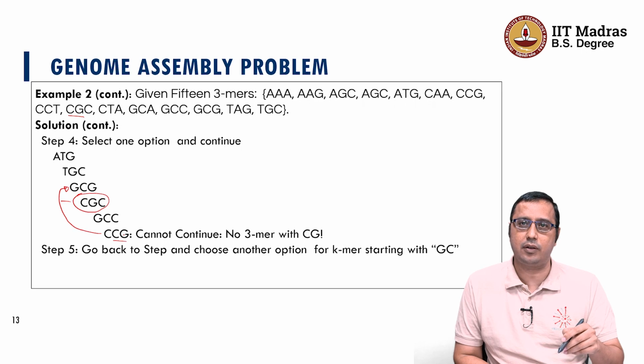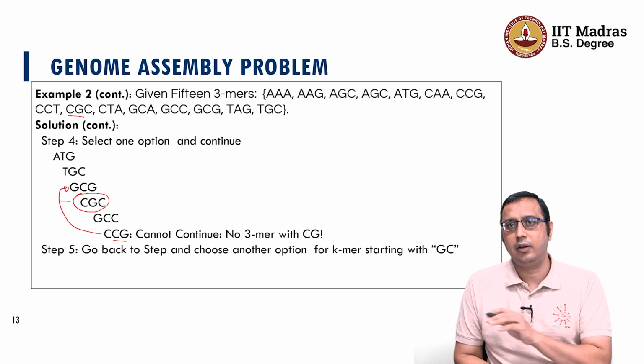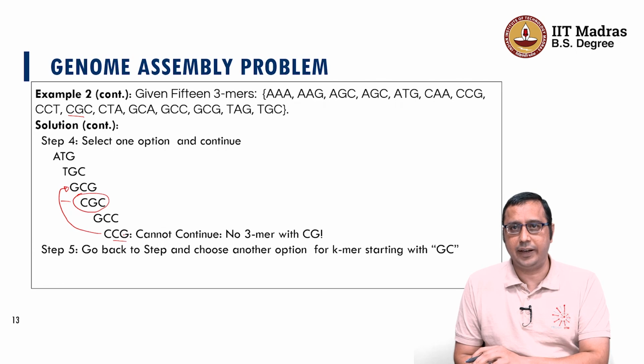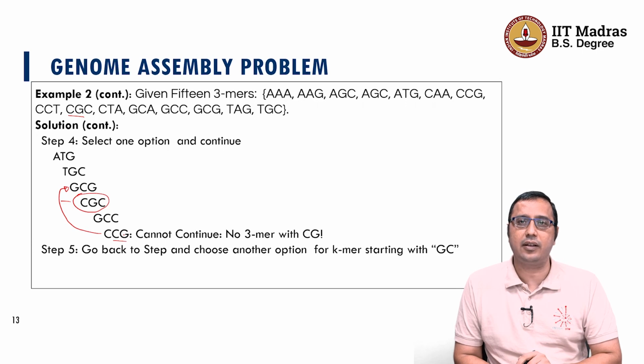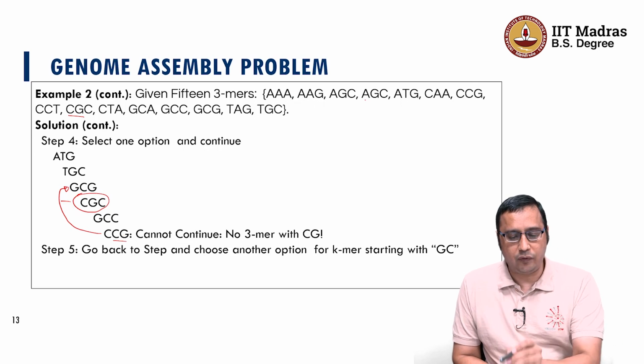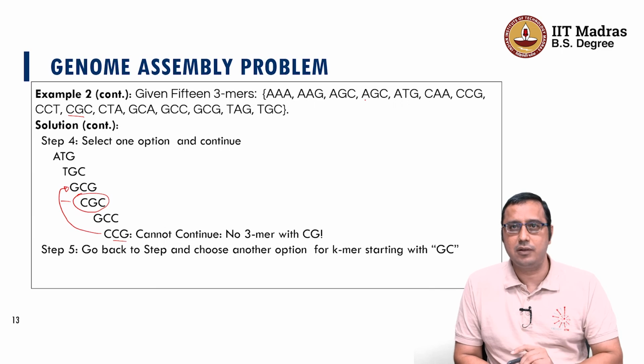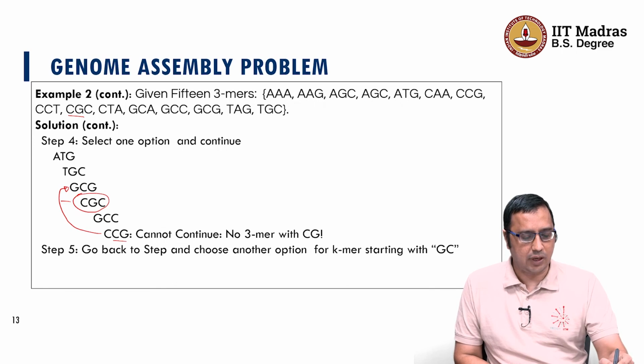If I have not chosen the appropriate option, I will end up with a dead end. Again I have to choose and keep repeating until I use all of these 15 strings only once and get a legal path from start to end.